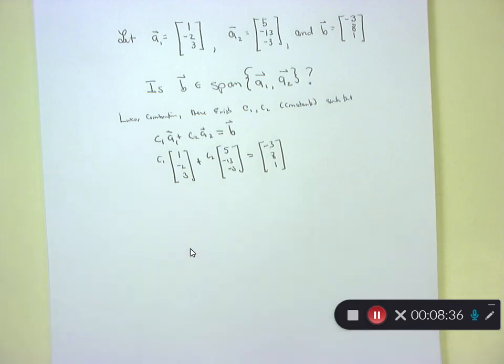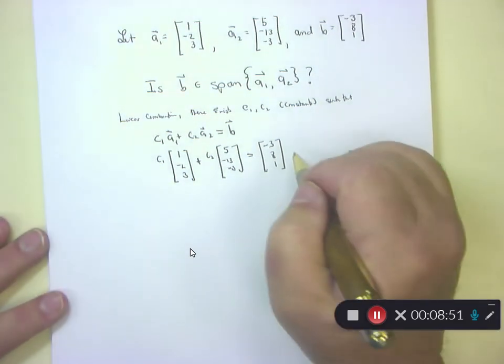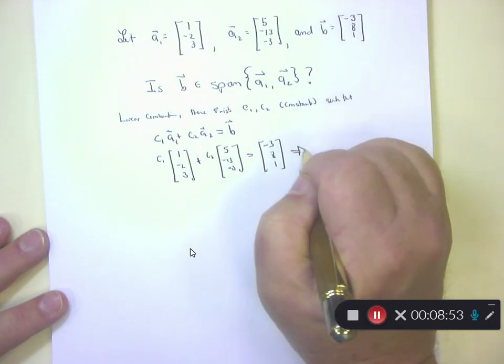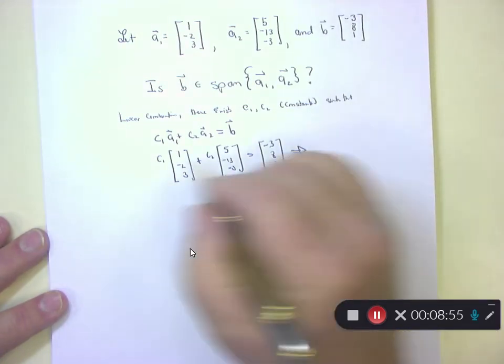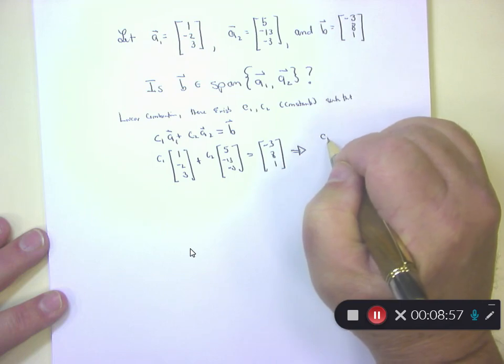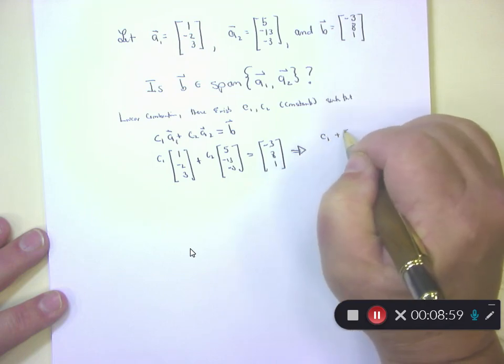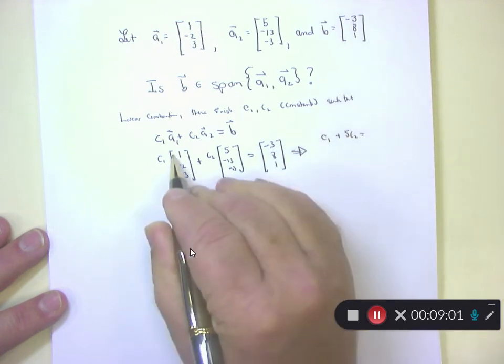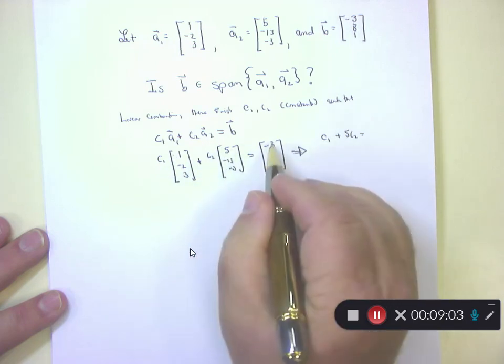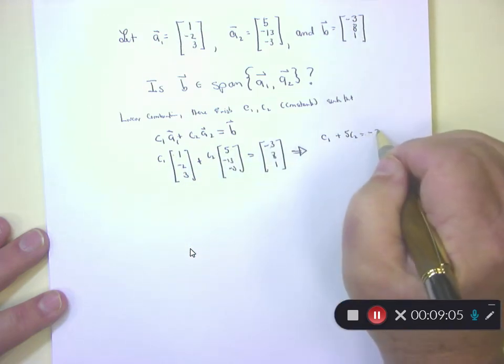There has to exist, in other words, I have to be able to solve for C1 and C2. Now, shortcut, long cut method here. I'm going to go the long way, but then you're going to see the shortcut very quickly. If you go back and look at this, you can rewrite this as an equation. C1 times 1 plus 5C2, first component plus first component, has to be equal to the first component, -3.